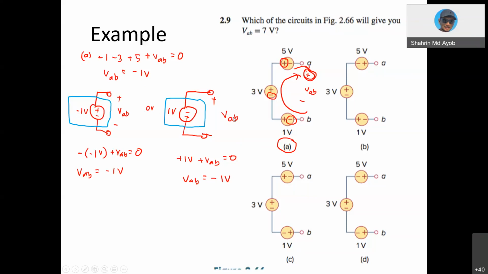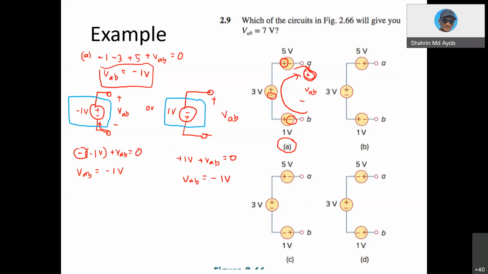So your VAB still has the same value, which is -1. As you can see, if you use your KVL for this circuit, you start from here, you will see negative first. So negative, -1 volt.